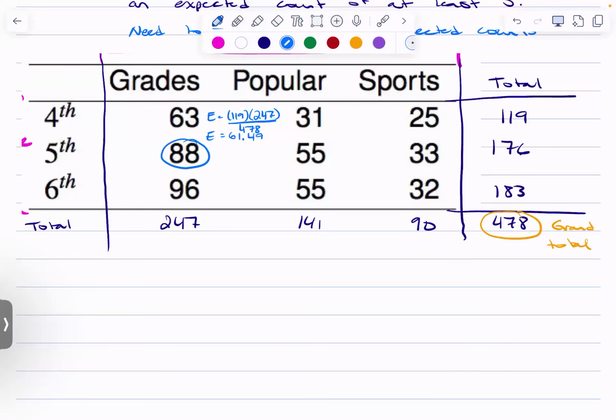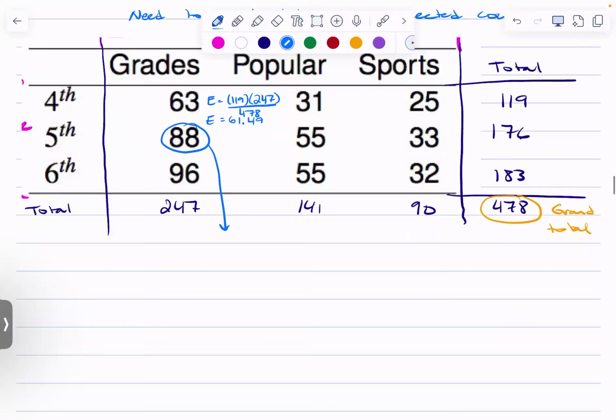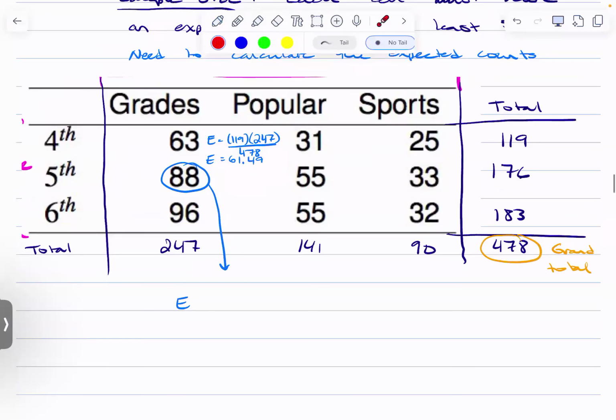So let's do the expected count to match the 88. Now, one thing that you can check, just kind of a gut check: I observed 63 and I'm expecting 61.49. Seems reasonable, right? So far, this 63 that I'm observing seems to be on par with what I would expect to see.